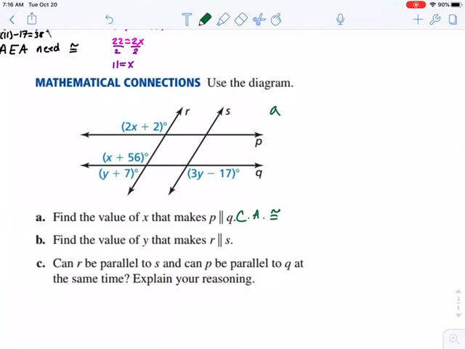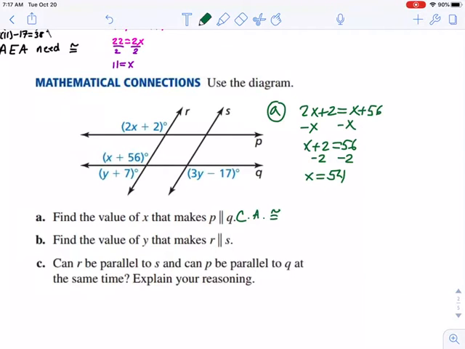So for number A, I'm going to set up 2x plus 2 equals x plus 56. Subtract both sides by x. Subtract both sides by 2. And x equals 54.